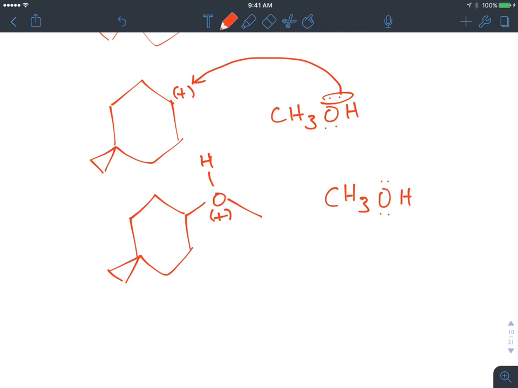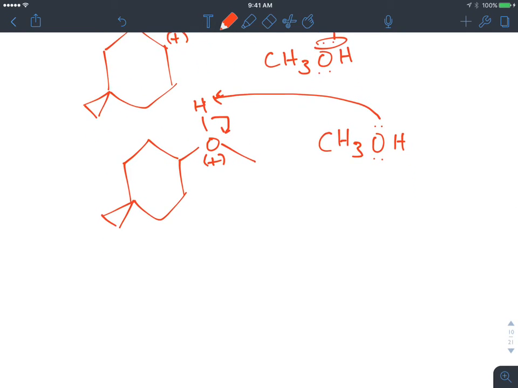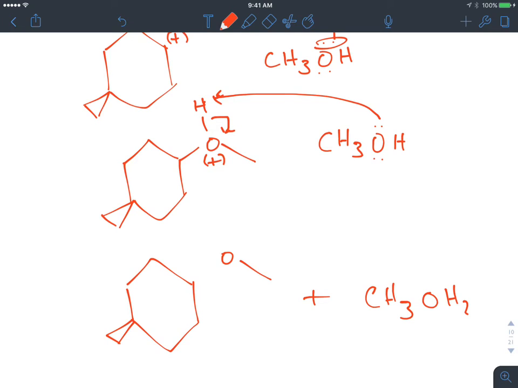Hydrogens are positively charged, so that's what we're going to use to deprotonate. Here we're going to grab onto that hydrogen, which is going to leave its electrons behind, and we're going to get our product, which looks like this. And then we're going to have that methanol with the new hydrogen added onto it, which leaves it positively charged.